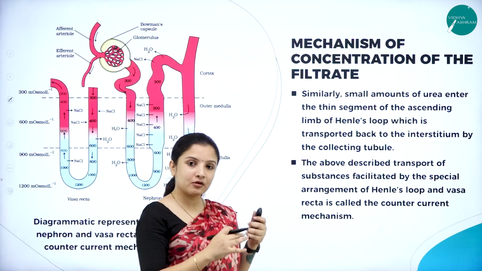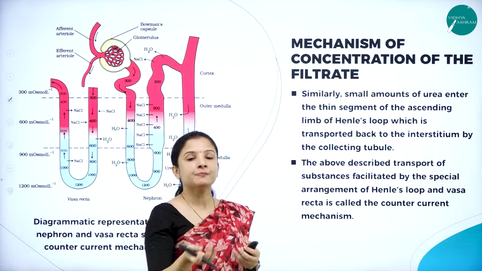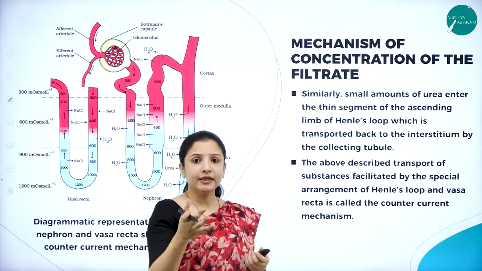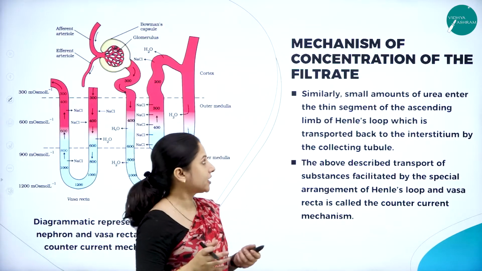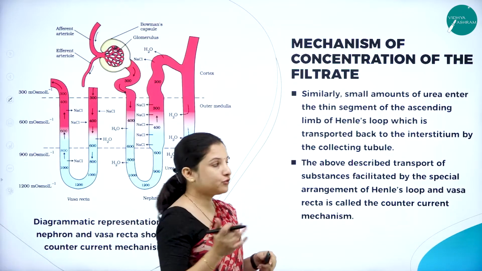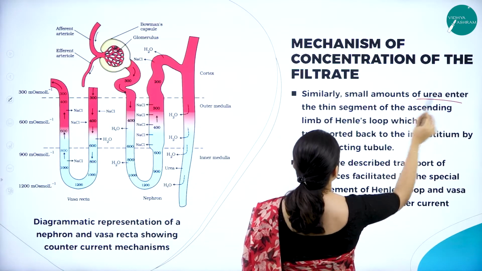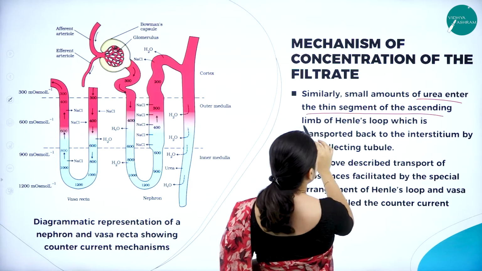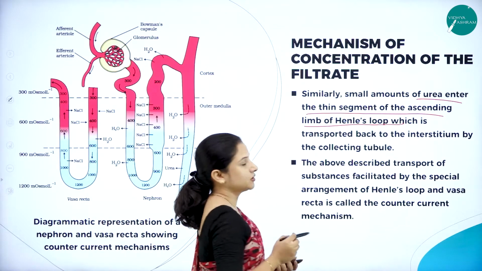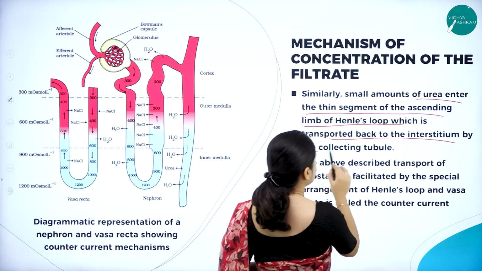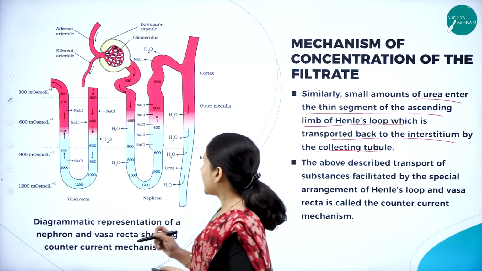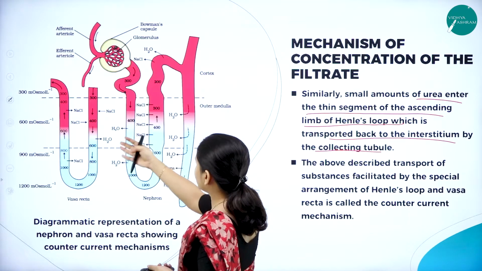So when sodium chloride is moving out of the ascending limb of the vasa recta and entering into the medulla region of the kidney, small amounts of urea will enter into the thin segments of the ascending Henle's loop, and here it is transported back to the interstitium by the collecting duct. So here, as you can see, urea will get collected.